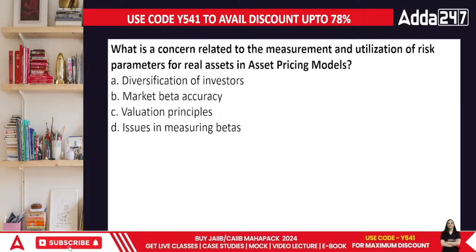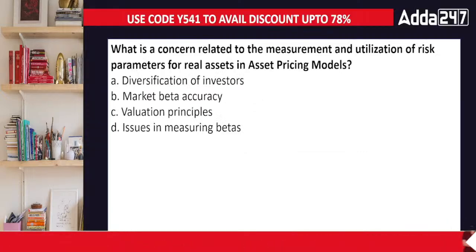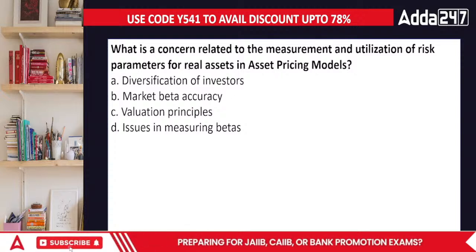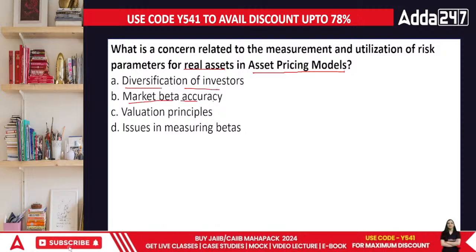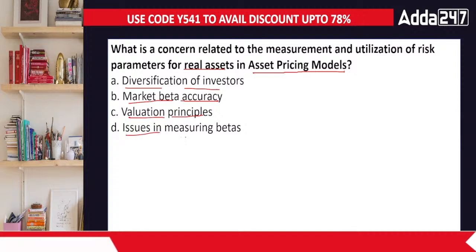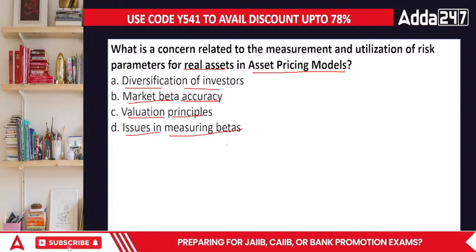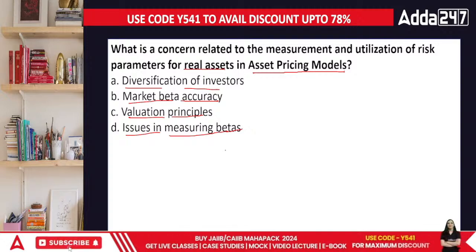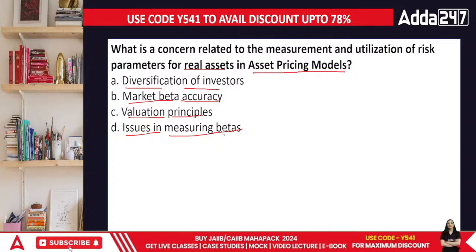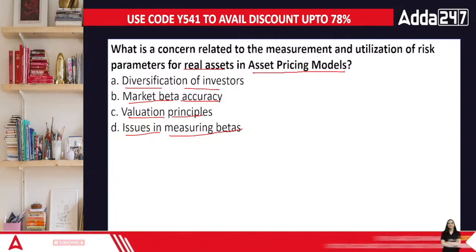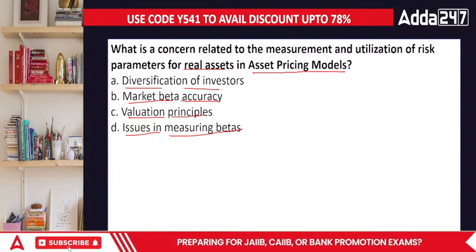Okay. Now, what is the concern related to the measurement and utilization of risk parameters for real assets in asset pricing models? Diversification of investors, market beta accuracy, valuation principles, or issues in measuring betas? The risk parameters are related to the market, to the scenario where we are trying to understand the portion of asset pricing.